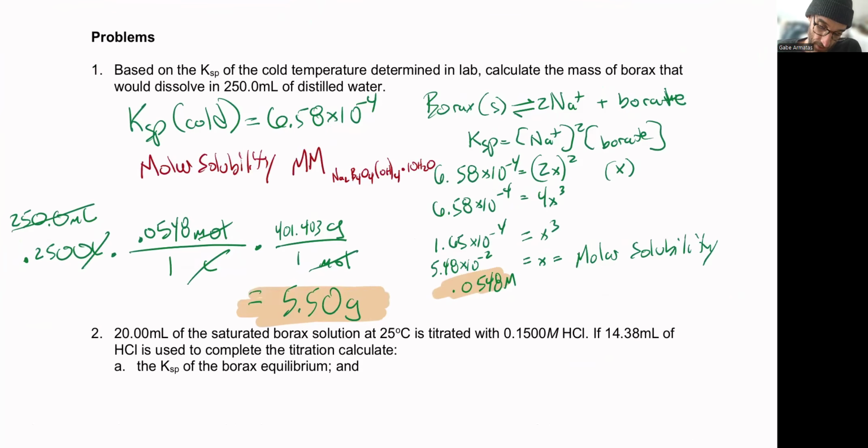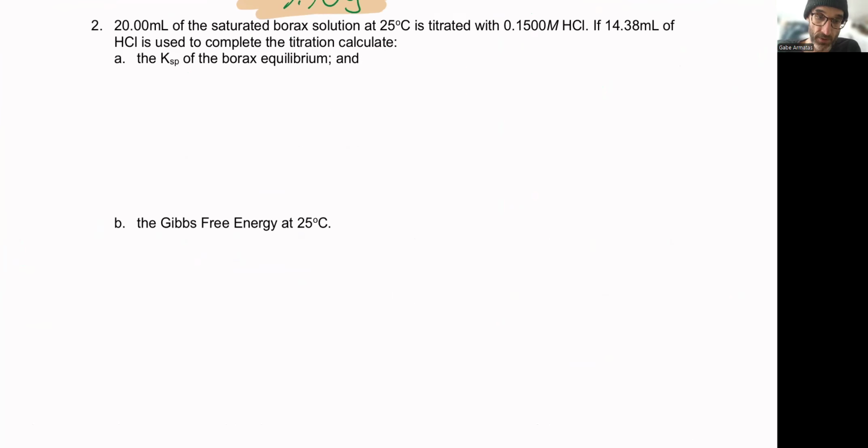All right, moving on. 20 mils of the saturated borax solution. Okay. 20 mils of saturated borax at 25 degrees is titrated with 14.38 mils of 0.15 molar HCl. So we are going to calculate the KSP of the borax.